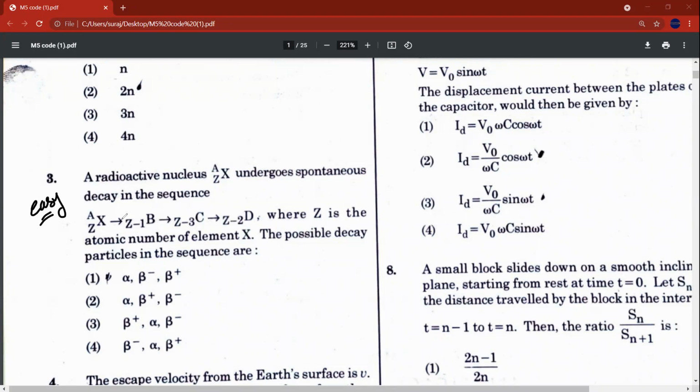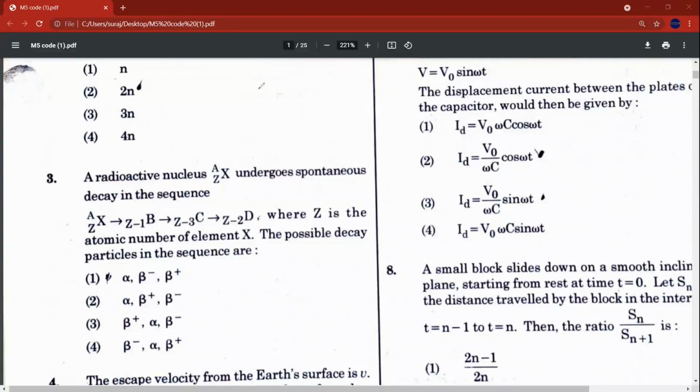So the first one itself is positive beta decay. So option 3 should be correct. Because if it is beta plus 1, then only it will be -1, right? The first will be a positive beta decay. So option 3 is correct.